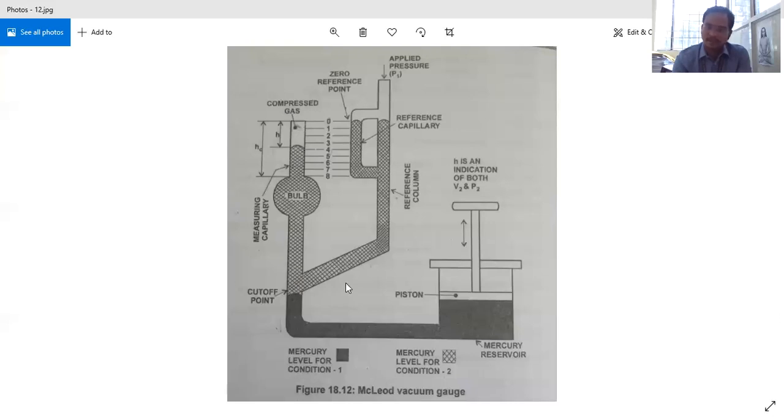Next, slowly, we will start pushing this piston downward such that the mercury level goes up. When the mercury level increases from the cutoff point, it enters into this right limb as well as this left limb.